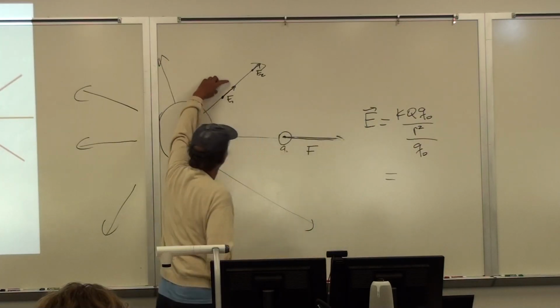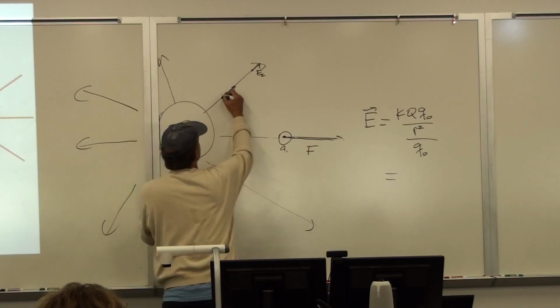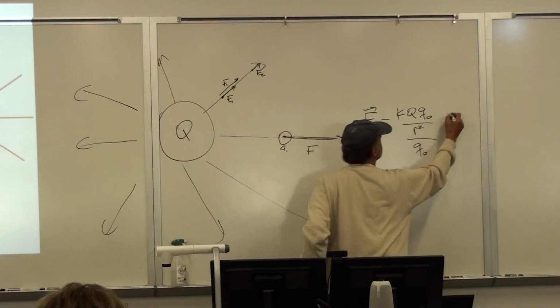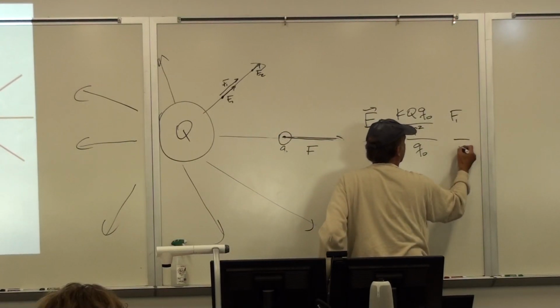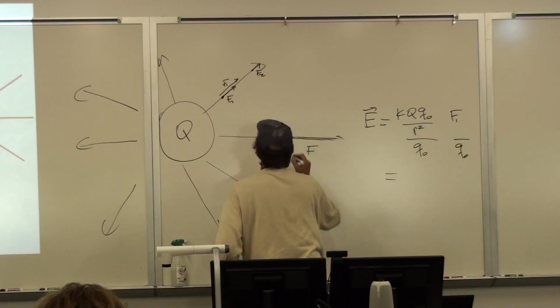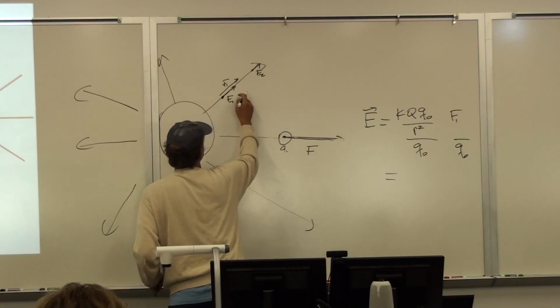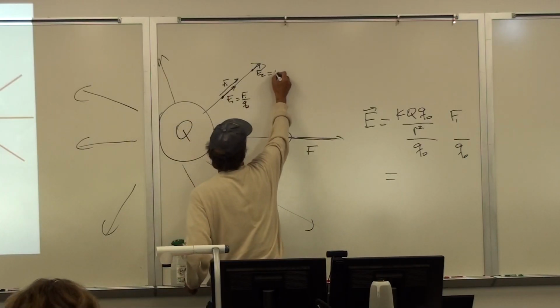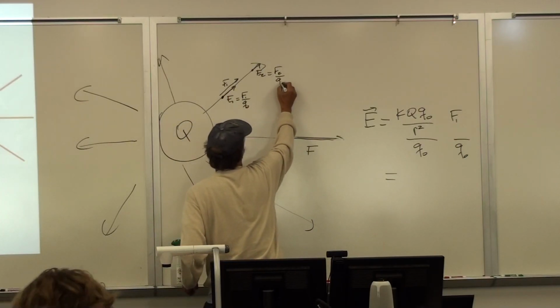Okay, so that's the force at this point. That's F1, divided by Q naught. So E1 is F1 over Q naught. E2 is F2 over Q naught.